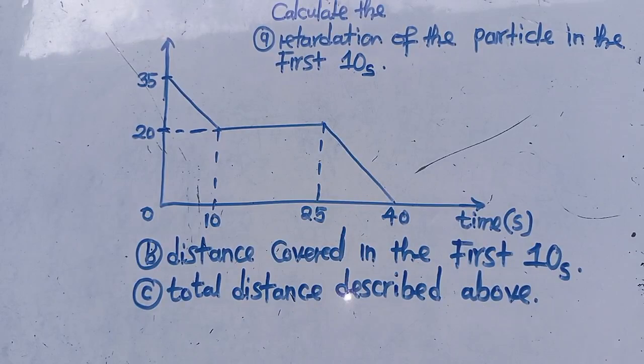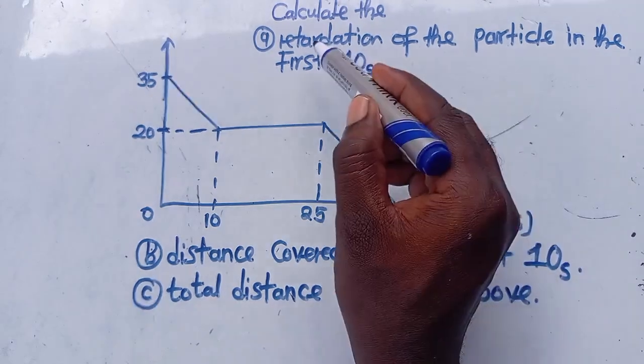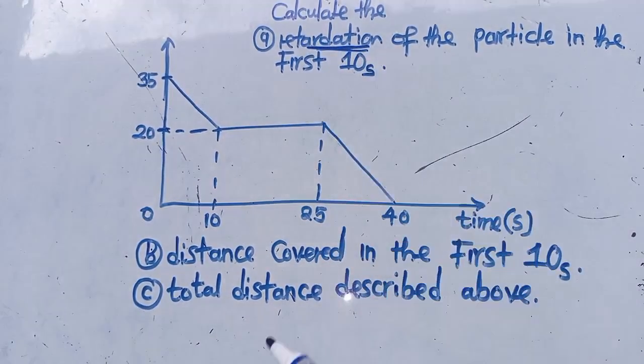For you to be able to answer a question like this, look at the word that has been put there: retardation. Retardation is just the same as deceleration, meaning that this answer is supposed to be a negative, that is a negative acceleration.